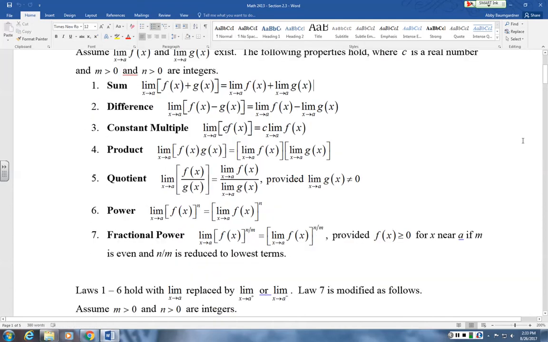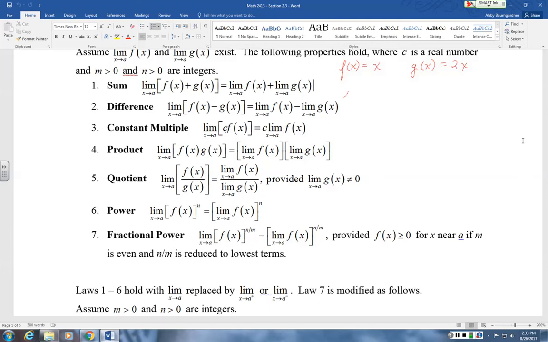Let's look at the sum, for example. This is saying the limit of two functions added is equal to the limit of each function then added. So I'll give you a very, very simple example here. Let's say f of x was x and g of x is 2x.